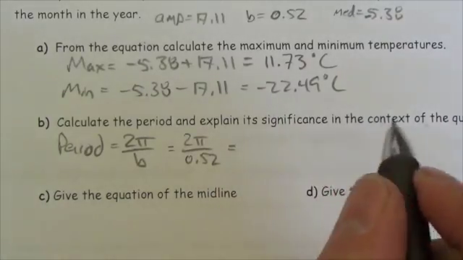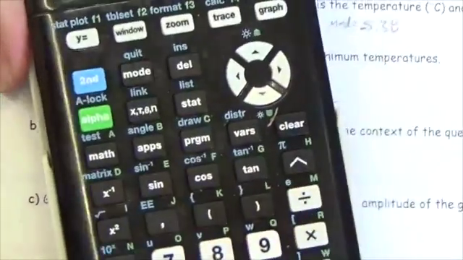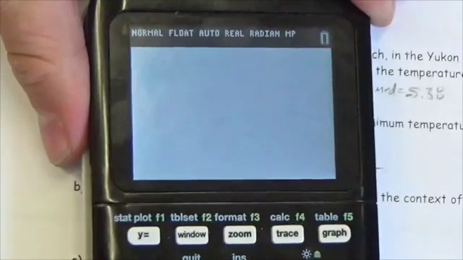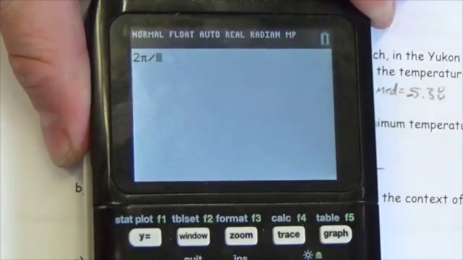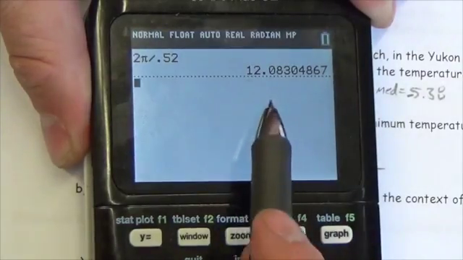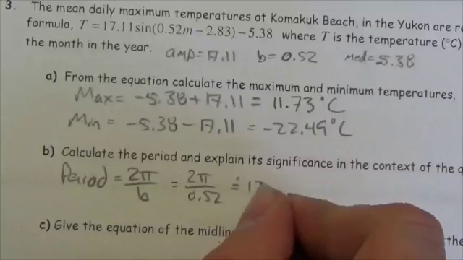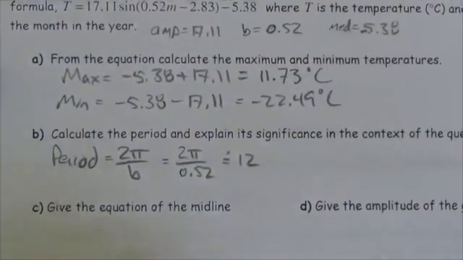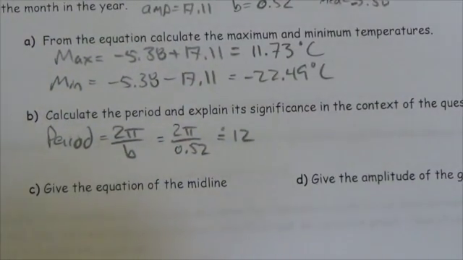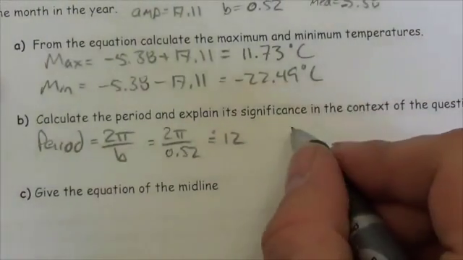Now let's go to our calculator here. 2 pi divided by 0.52. And the answer is 12.1, but we're roughly 12 here though. So approximately 12. Now, that makes sense here because there are 12 months in a year.